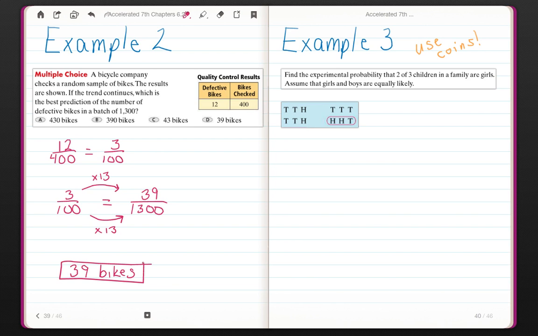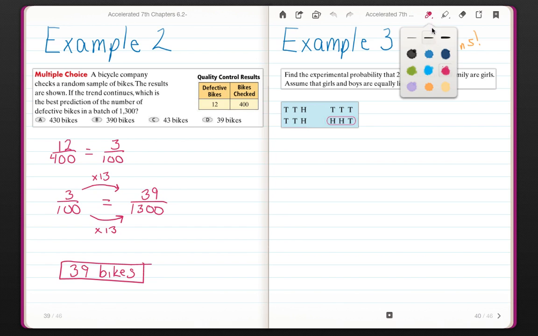Example 3, I want you to actually use coins for this one. Get 3 coins or 3 round 2-sided objects that you can flip and find the experimental probability that 2 of 3 children in a family are girls, and assume that boys and girls are equally likely. That would mean like the side of a coin. Tails is boys, and heads equals girls.